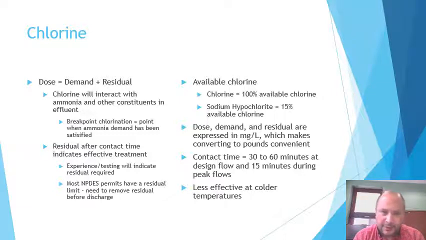So, as I said, it's kind of a process of trial and error, feeding chlorine, seeing how much of a residual you have left over after the contact time, and then testing for those indicator organisms alongside that, and trying to find what type of residual you need to have to meet your limit as far as the indicator organisms go.